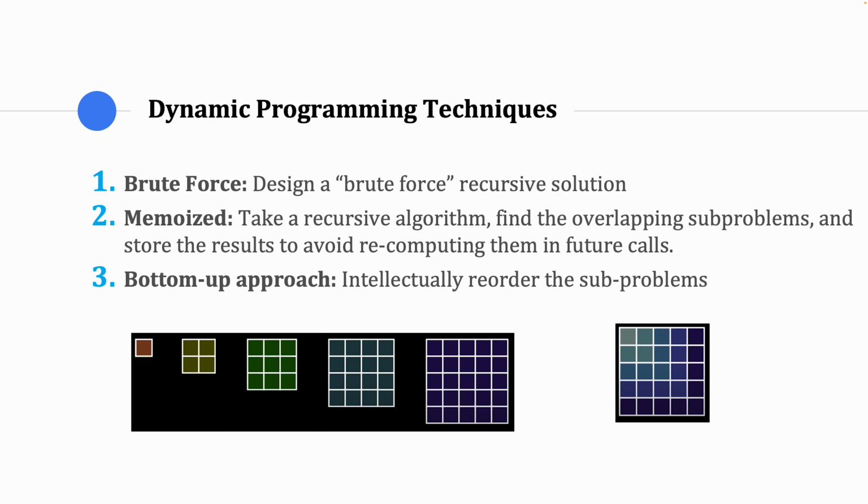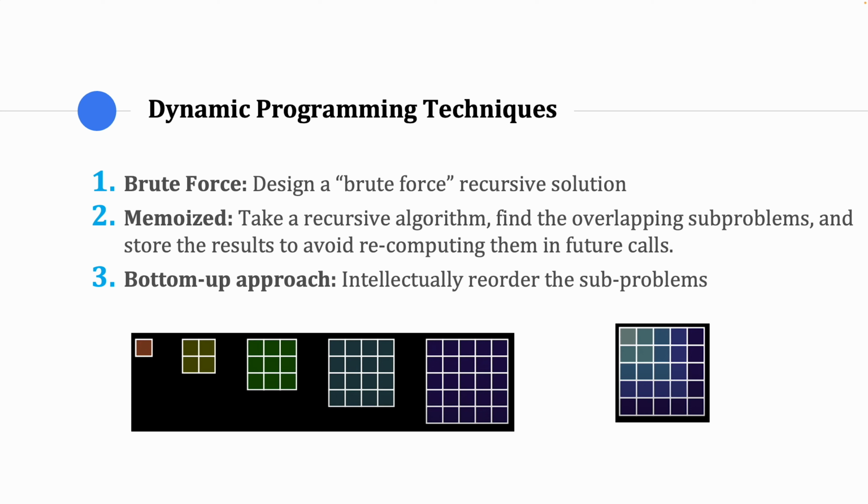After you do that, and after you get familiar with your problem structure, now you're kind of ready to start applying dynamic programming. And there are two ways you can apply dynamic programming. Well, number one is you take that recursive solution that you had, and this is where the magic happens.